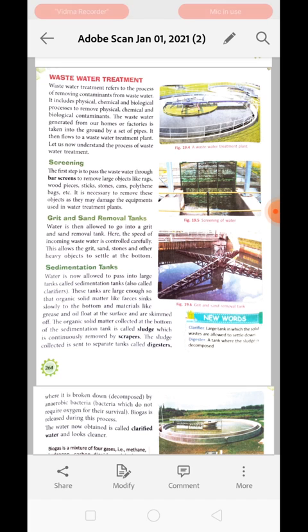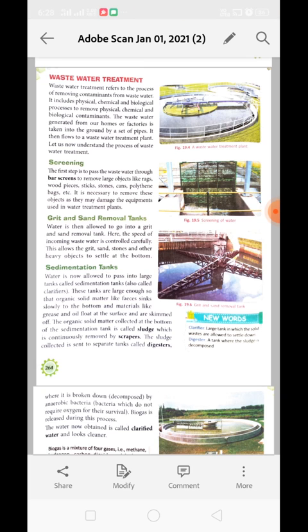We know that wastewater contains many kinds of contaminants. It can be physical matter that can be picked out, it can be a chemical substance, or it can be remains of dead and decaying organisms. So the wastes are of which type? Physical, chemical and biological, so it is treated by physical, chemical and biological methods.